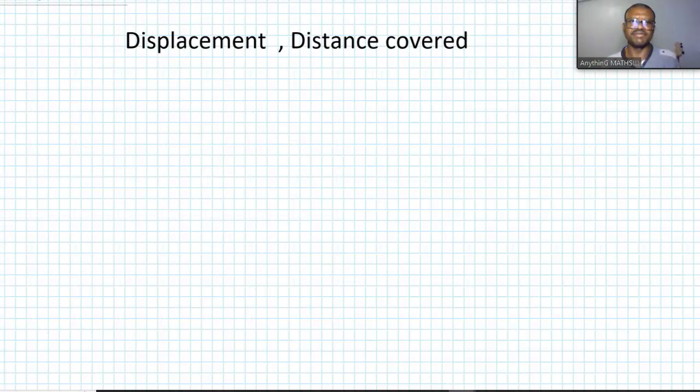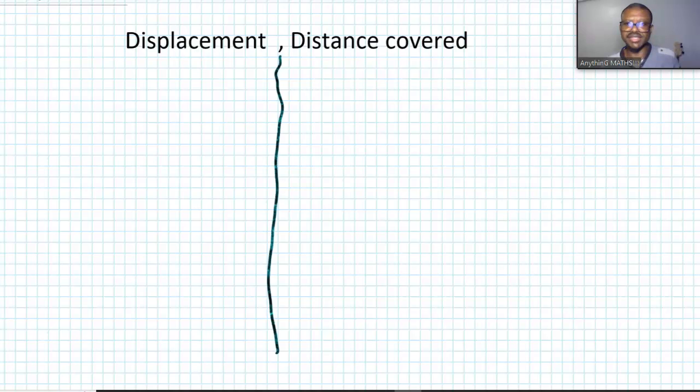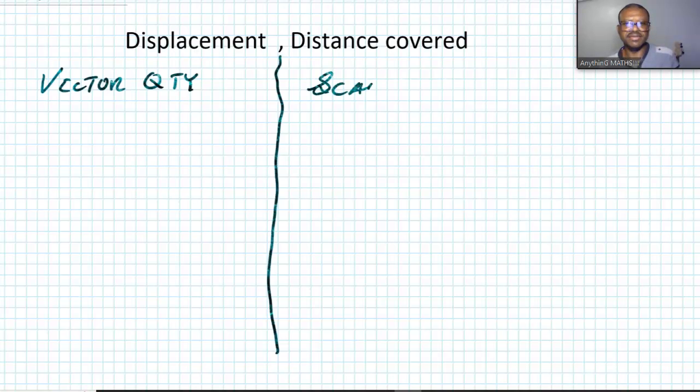What is the difference between displacement and distance covered? The basic difference is this. Displacement is a vector quantity, and distance is a scalar quantity.